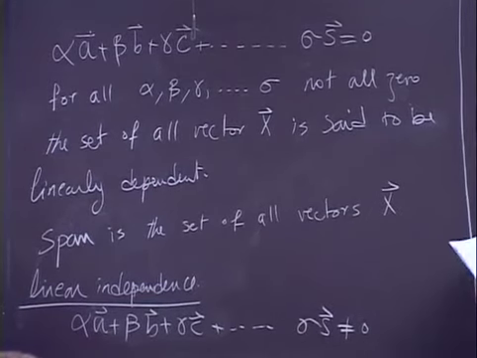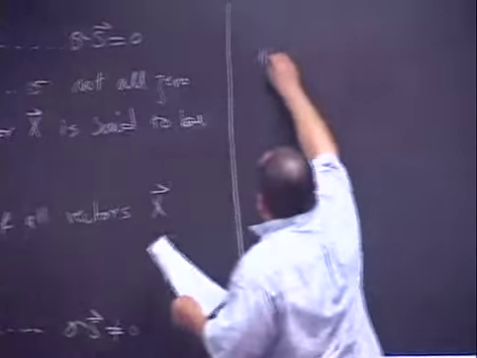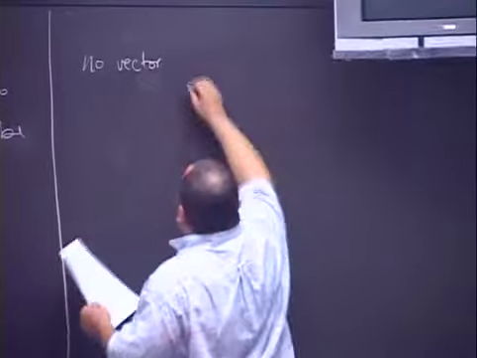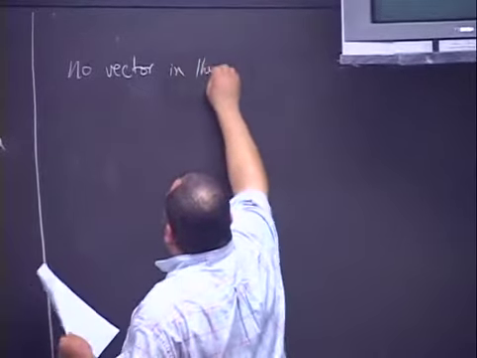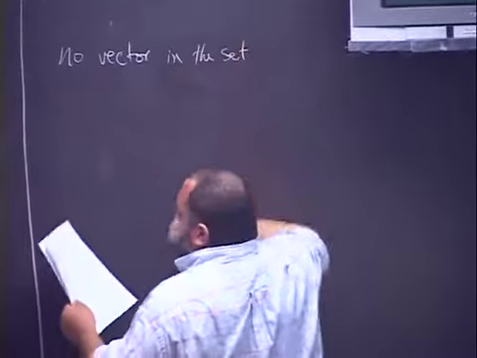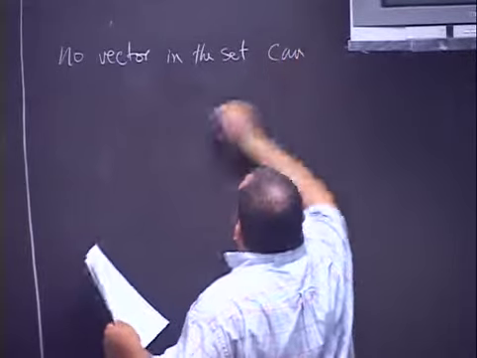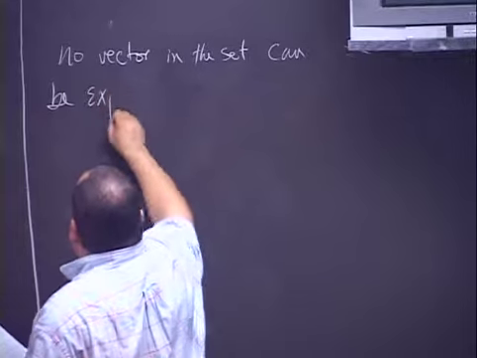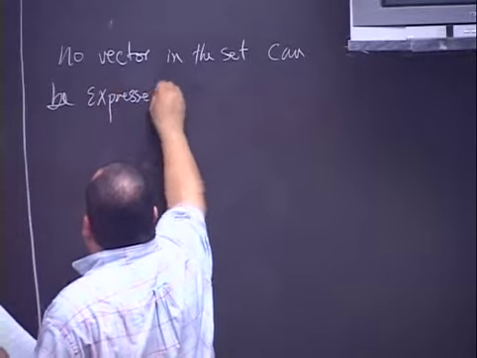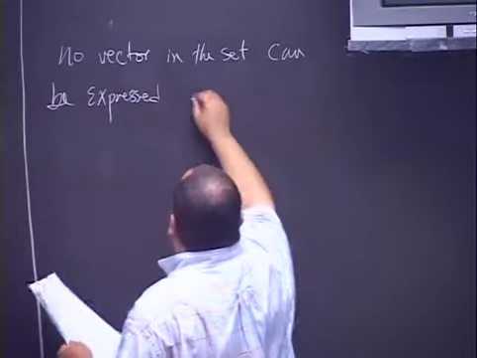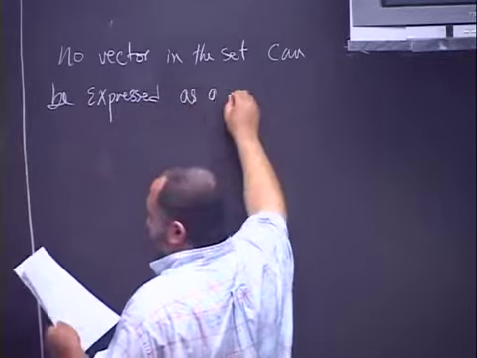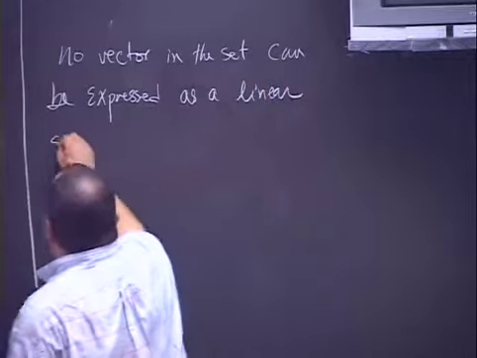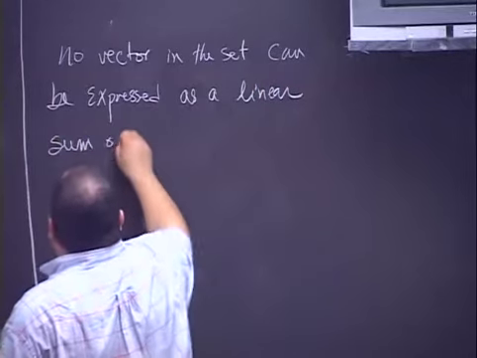So the definition is: no vector in the set can be expressed as a linear sum of the others.